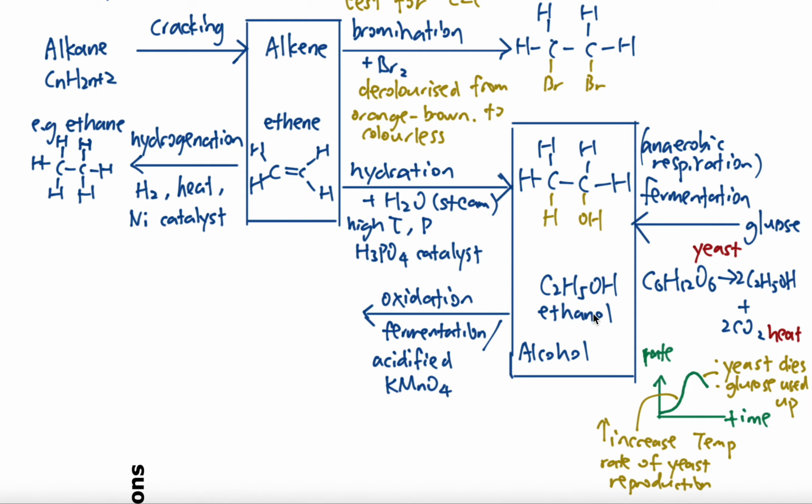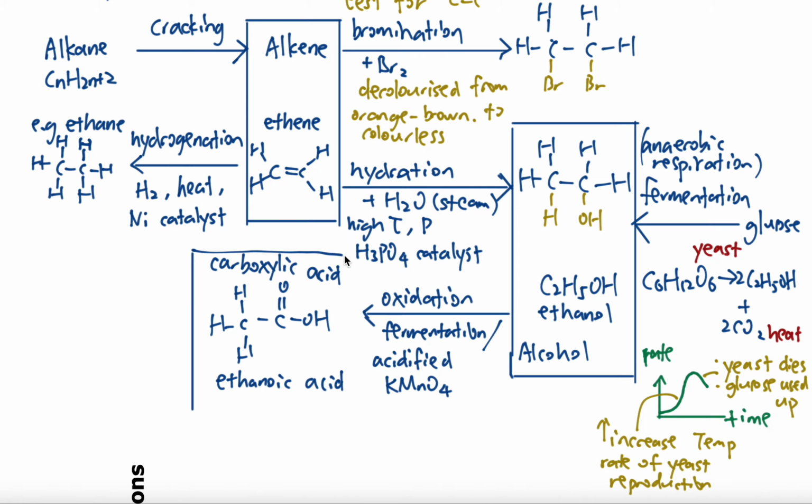And the product will be a carboxylic acid, CH3COOH. The name is called ethanoic acid. Carboxylic acid always ends with oic acid. And that's the last functional group we see.